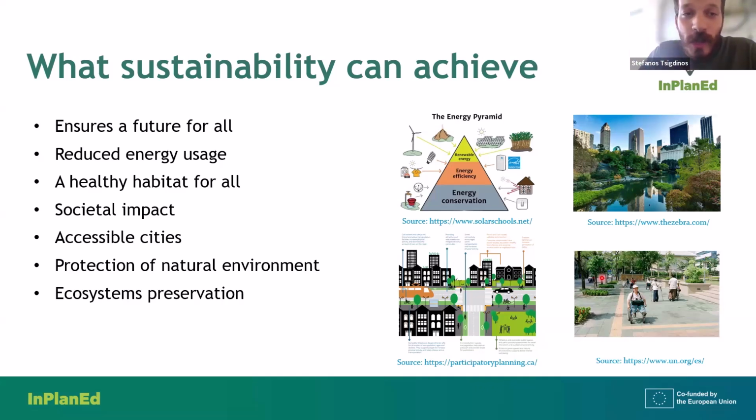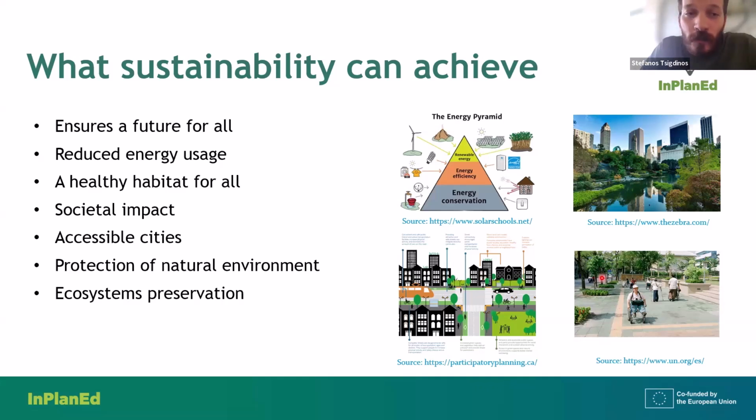We can achieve reduced energy usage, replacing our petrol cars with walking and cycling, replacing these kinds of trips with different ones. Also, we can achieve accessible cities, which respond to the issue that I demonstrated to you before.